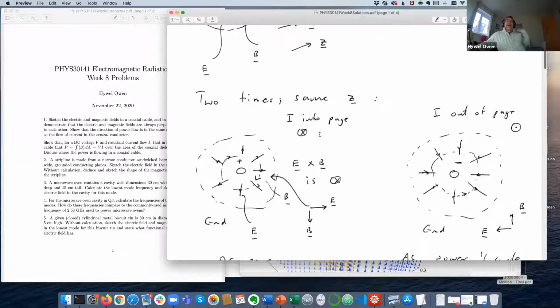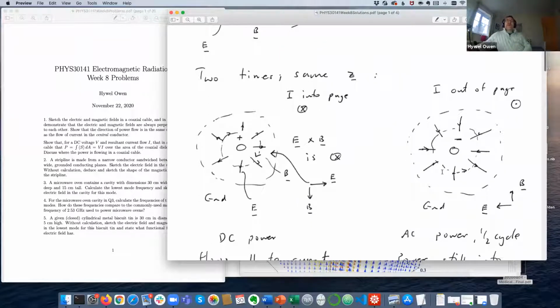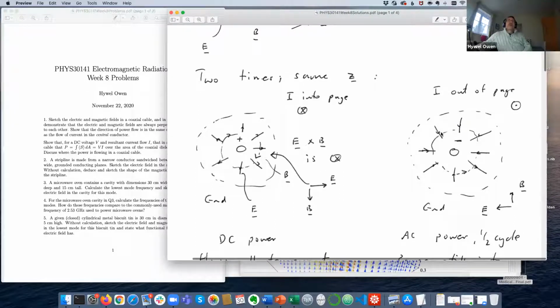Okay, so here we are at some particular Z value on the right when the voltage has become negative. And now the electric field is pointing inwards and the current is flowing out of the page. And now everything is reversed. Of course, the magnetic field is now pointing anti-clockwise. But if we take the cross product of the electric and the magnetic field, the Poynting vector is still pointing into the page.